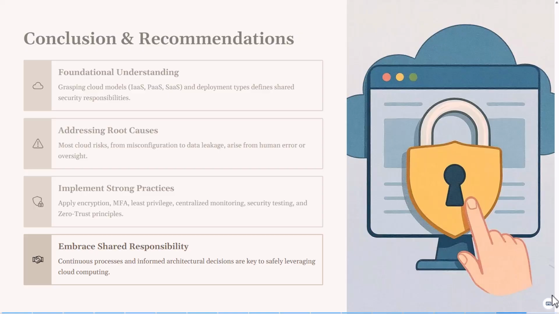Most cloud problems come from human mistakes like misconfiguration or weak access controls. If we use strong practices like encryption, MFA, least privilege, monitoring, zero trust, and secure development, we can use the cloud safely.